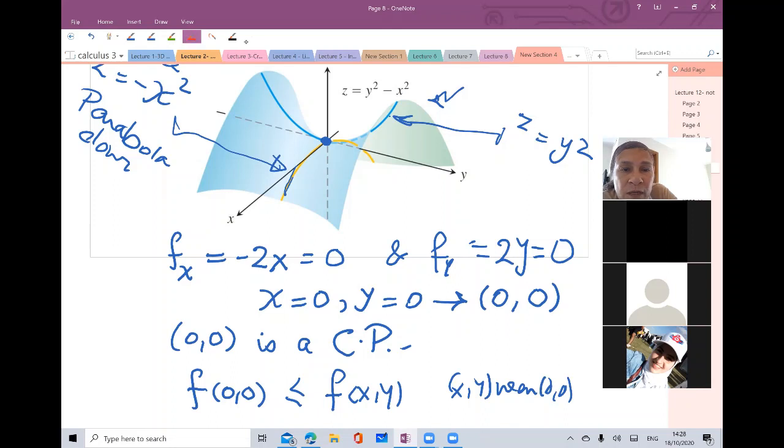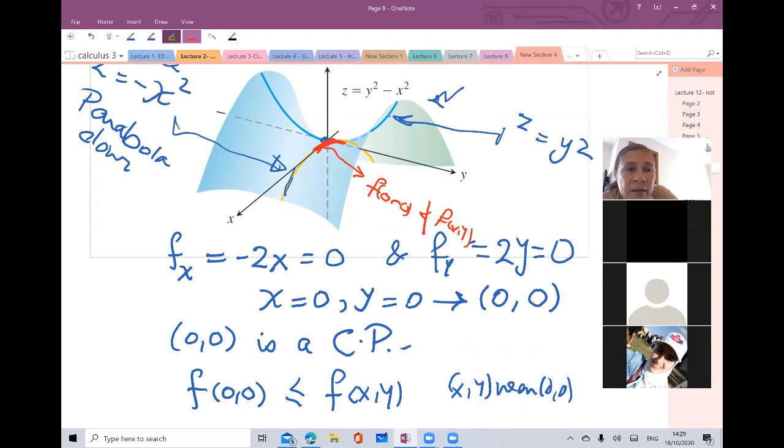Now move along the yellow curve. You are now walking in a disk around your point. If you move along the red one, is f(0,0) less than any point (x,y) on the red or on the yellow? Actually it's bigger than them, right? So this is not satisfied.